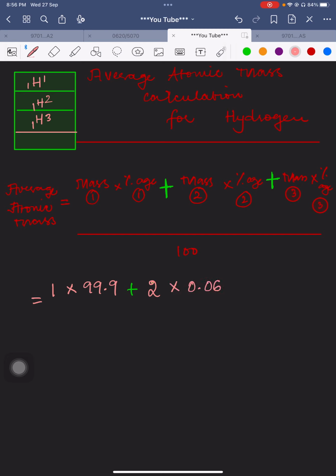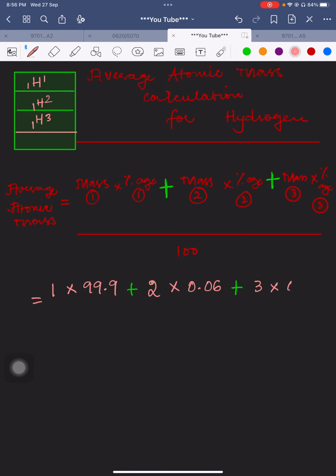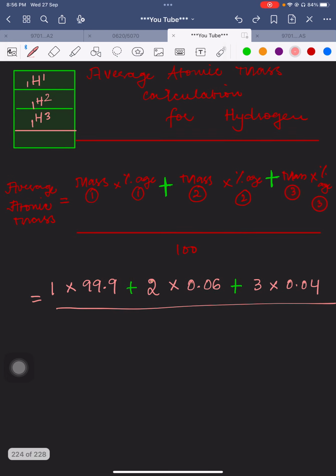And then we are going to add the mass of the third. What is the percentage left? It is 99.9 plus 0.06. When this total is subtracted from 100, it will be 0.04 automatically. So now it is 3 multiplied by 0.04, and the total is divided by 100.